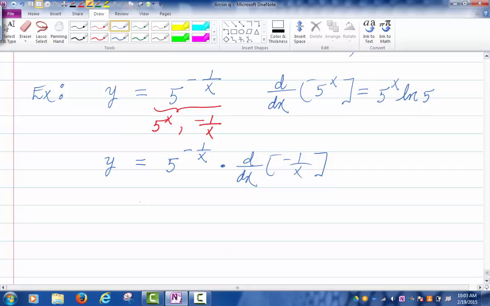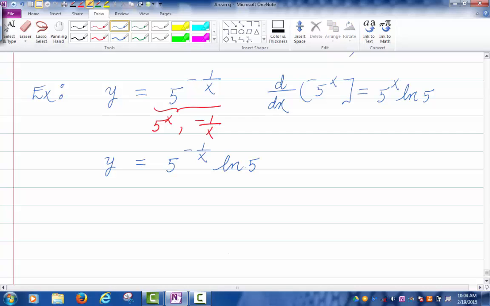This guy here is basically negative x to the negative 1. So when you use the power rule, you're getting x to the negative 2, and x to the negative 2 is exactly 1 over x squared. Okay, so that's the derivative.